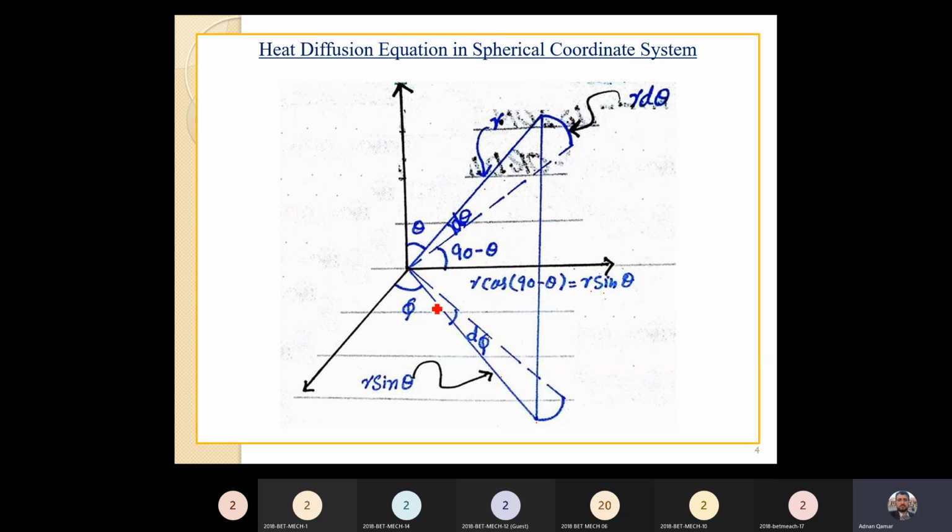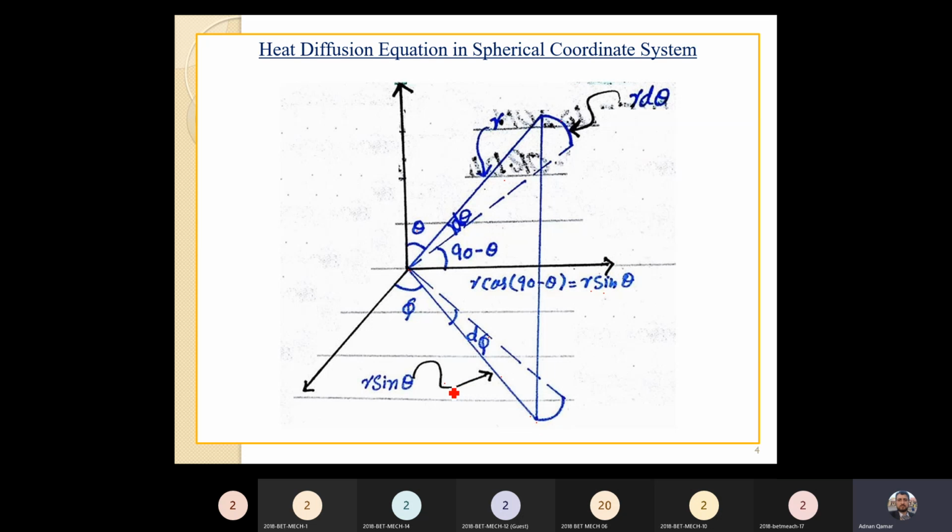This is the other surface, d phi, perpendicular to this surface. This is r d theta, and this distance is r sin theta. This distance is going in this way.